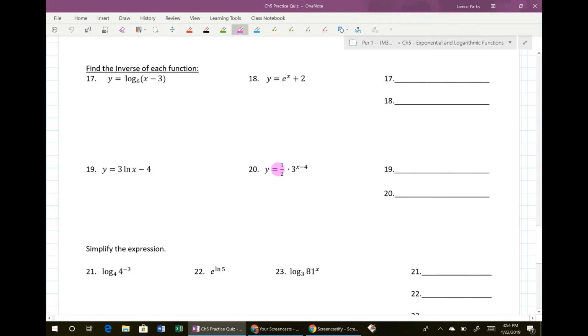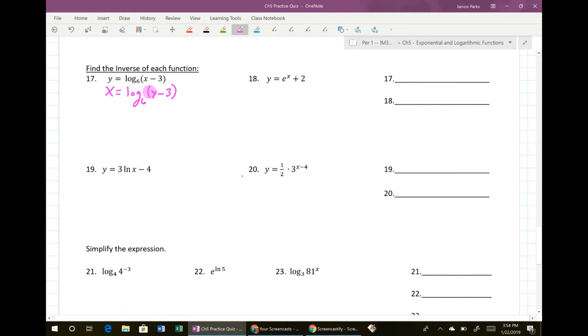For 18 and 20, it starts off in exponential form, so it's going to end up in log form. We're going to switch formats. So the first thing you do is switch the x and the y values. You rewrite this exactly how it is, but the x and the y get switched.